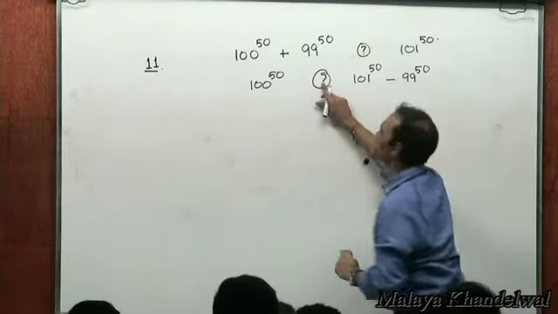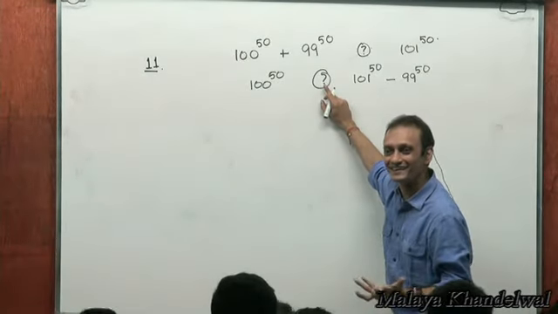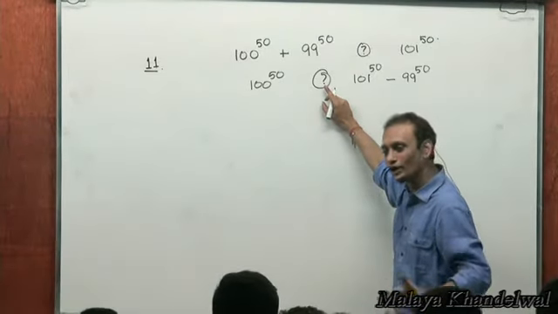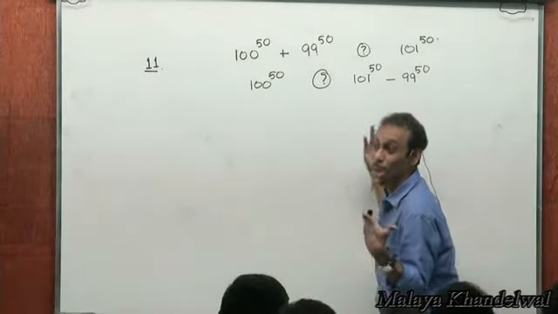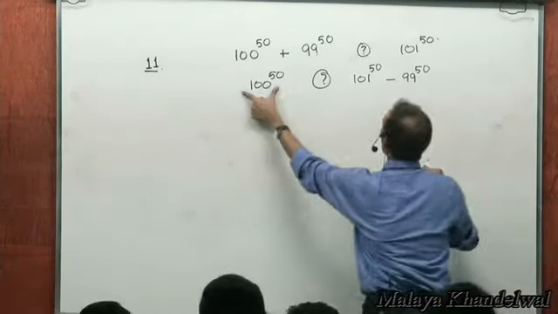This question mark could be greater than, equal to, or less than, isn't it? Just transpose this. So anyways it will change sign irrespective of what this question mark is, right? So that means I'm comparing these two.